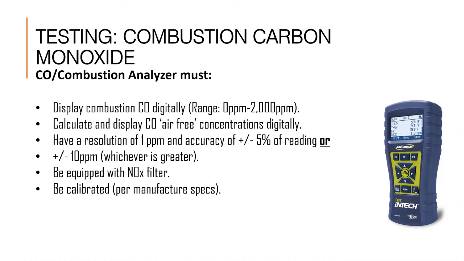And they've got to have specific resolution and accuracy. They've got to have a NOx filter, and of course, they've got to remain calibrated to manufacturer's specifications. After a certain amount of time, these need to be sent back to have them recalibrated.